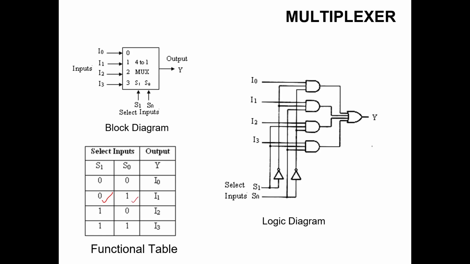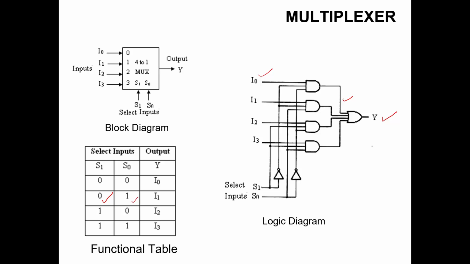The logic diagram of the 4 to 1 mux is shown here. It is very simple. We have two select lines and the inversion operation of these. If the input here is 0 0, then the inverse of this is 1 1. If this is 1 and this is 1, then whatsoever is at I0 will be transferred here and ultimately to the output.